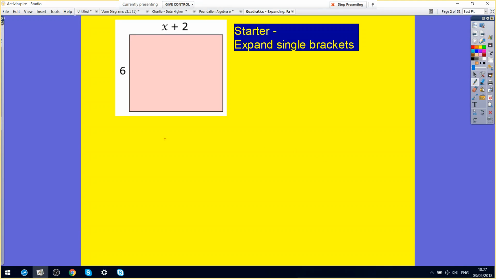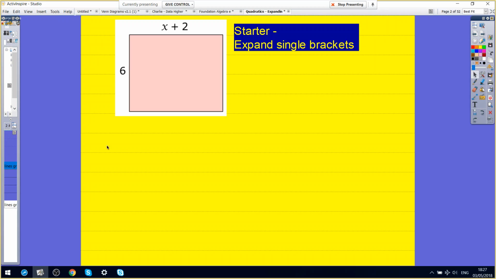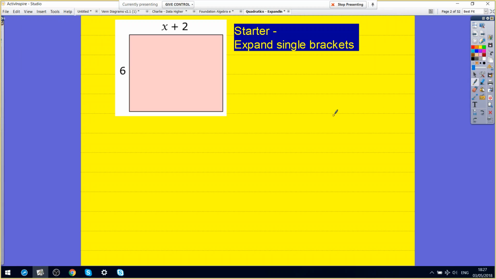Okay, any idea how you find the area for this rectangle? And you've gotten a weird x thing. So what are we trying to do here? Find the area? Yeah. Okay. And so basically, how do you find the area of a rectangle?